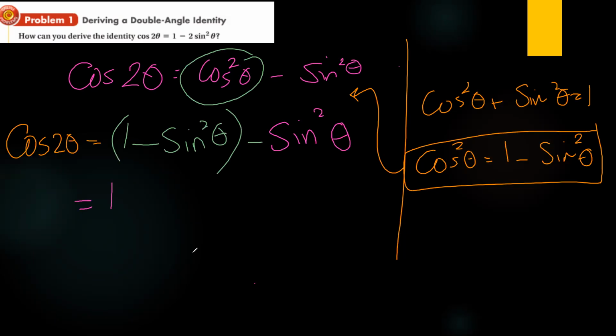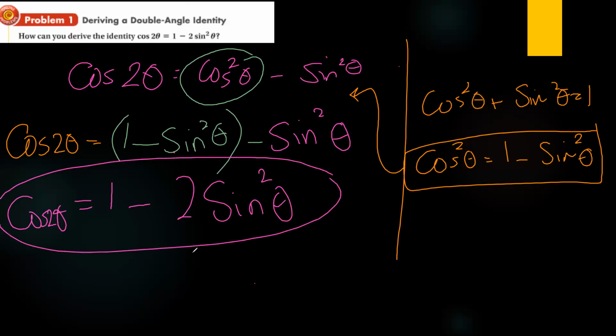Then it will be 1 minus 2 sine squared of theta. So from the original one, the mathematicians can make a new identity, which is cosine 2 theta is 1 minus 2 sine squared of theta.